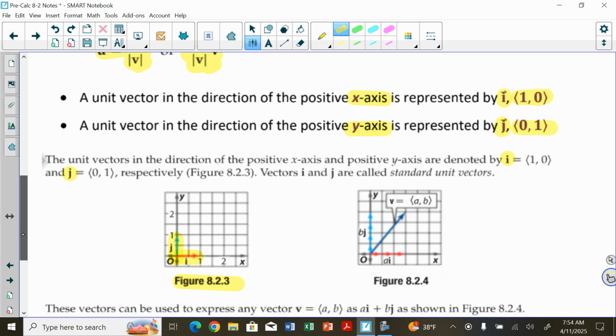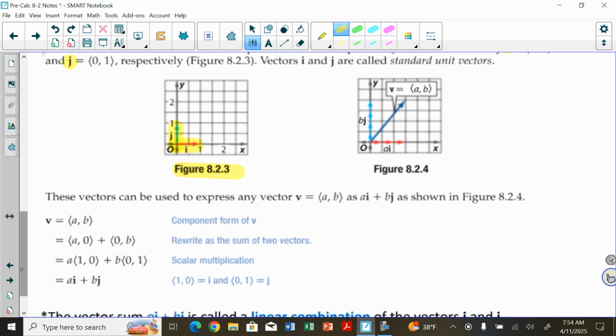But as we keep going, we can use any vector in this form, ai plus bj, and that kind of helps us to find that. So here's the proof of it, and we can work through it. If you have <a, b>, you write it as a sum of two different vectors by adding those zeros in there, and then you multiply by the i and j, and you end up with your ai plus bj.